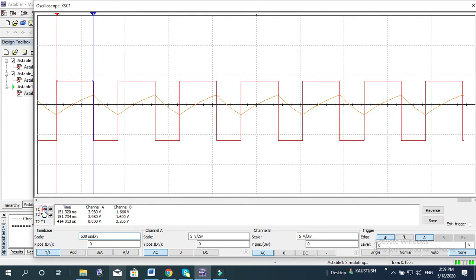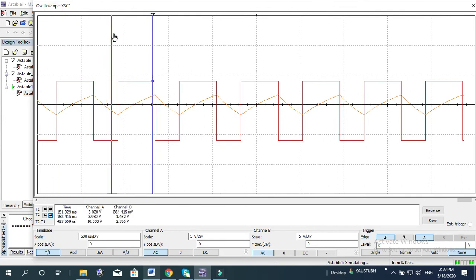So yes, this is your on time. This on time is your 421.975 microseconds. So let me put it here. Same way you can check in another also, you will get the same. Yes, this one.